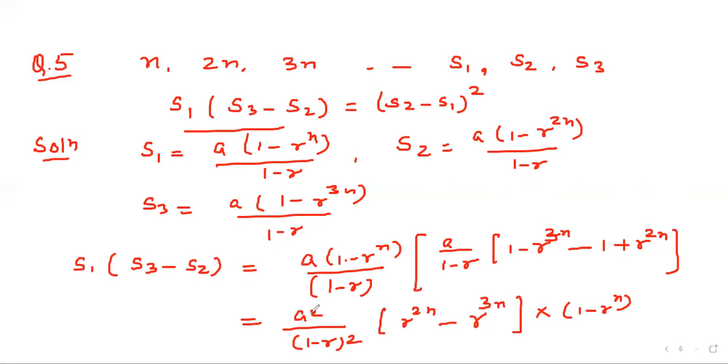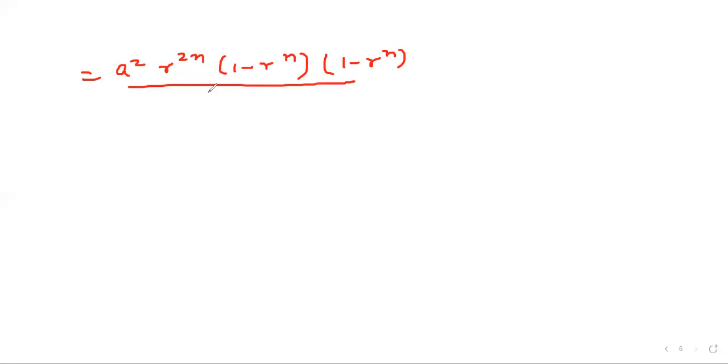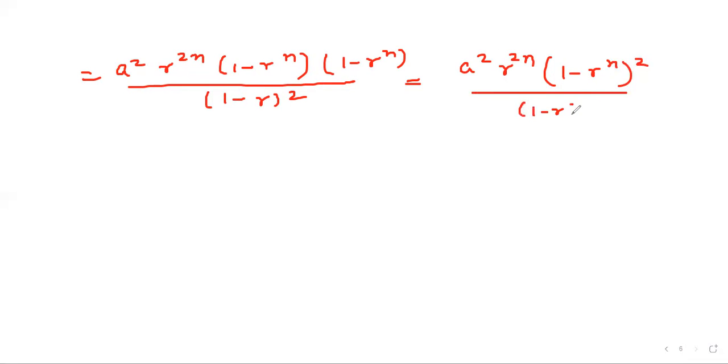Now further write it, it becomes a square r power 2n times 1 minus r power n into 1 minus r power n divided by 1 minus r whole square, from where we get a square r power 2n into 1 minus r power n whole square divided by 1 minus r whole square.